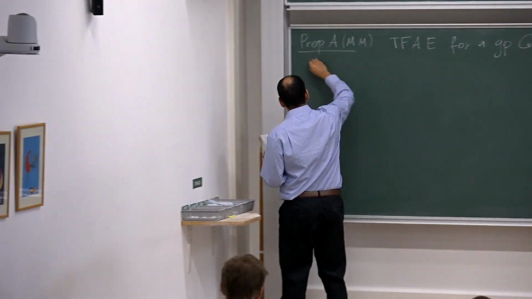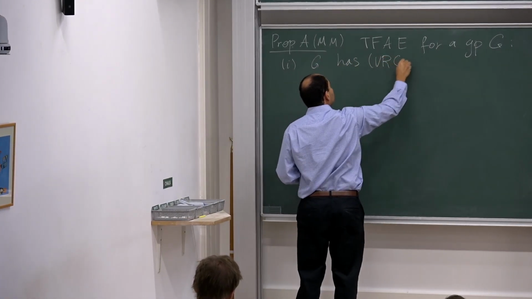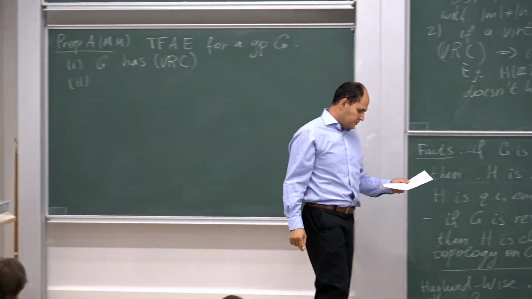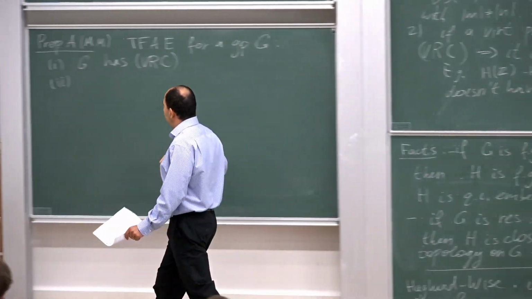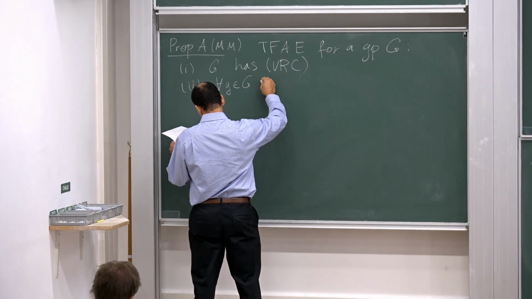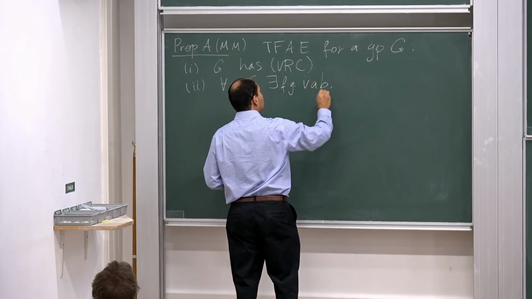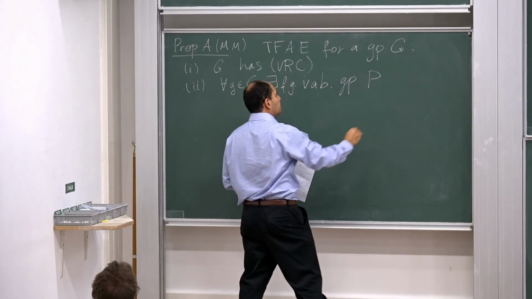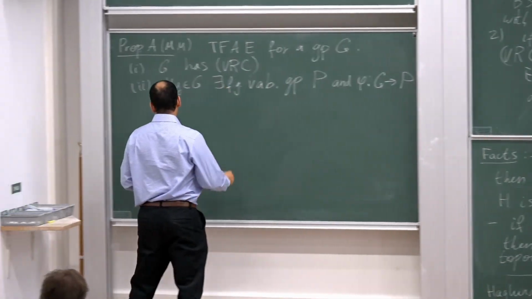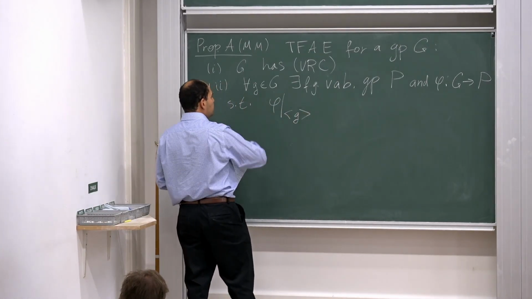The first property is just that G has this property VRC. And the second property: VRC can basically be characterized as a sort of residual property as follows. For every g in G, there is a finitely generated virtually abelian group P and a homomorphism phi from G to P such that the restriction of phi to the cyclic subgroup generated by your element is injective.